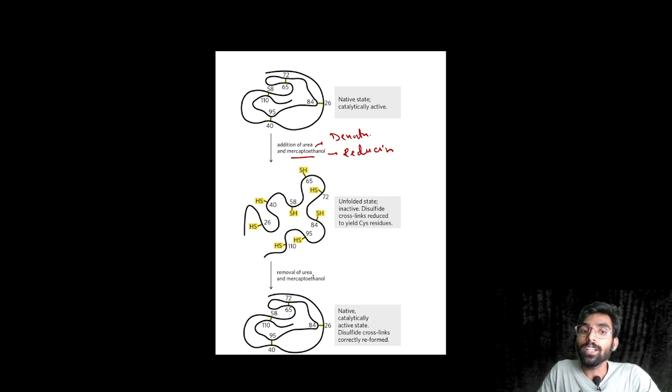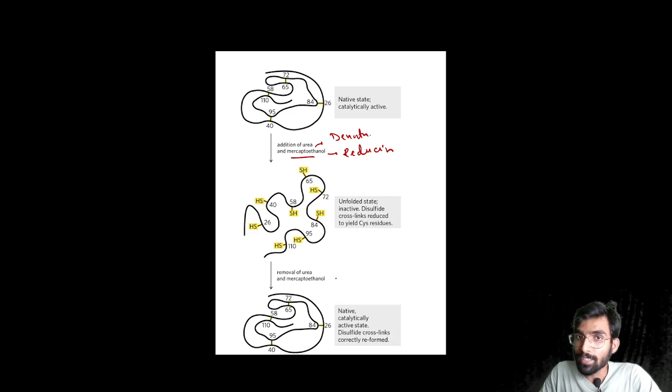Now when he removed the urea and beta mercaptoethanol, he observed that after a certain time, maybe 8 hours, 10 hours, the protein is again folded in the same pattern as it was in the native state.